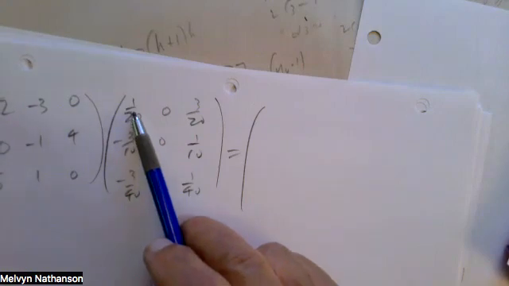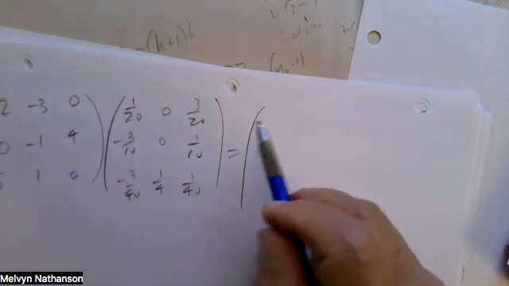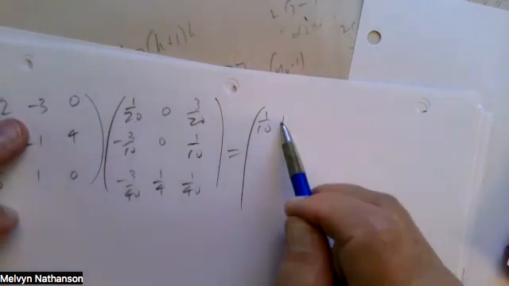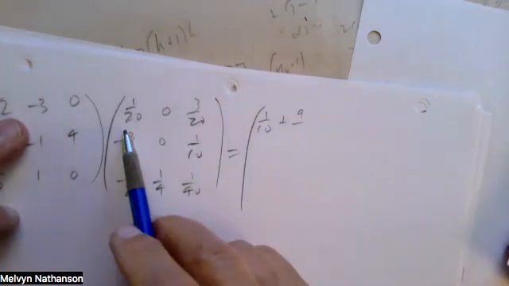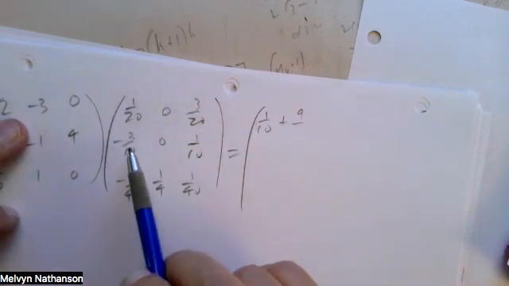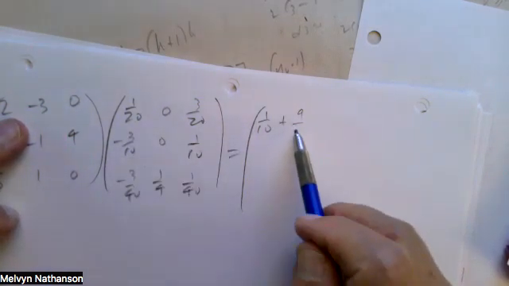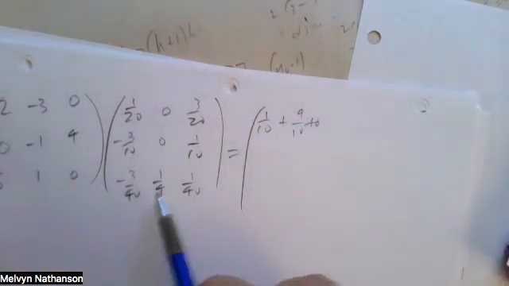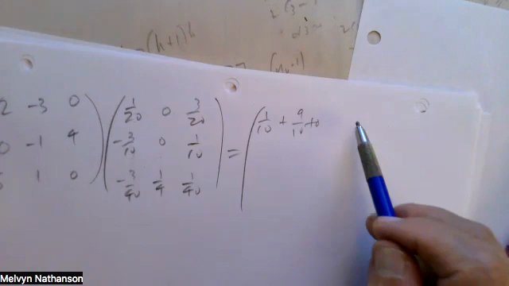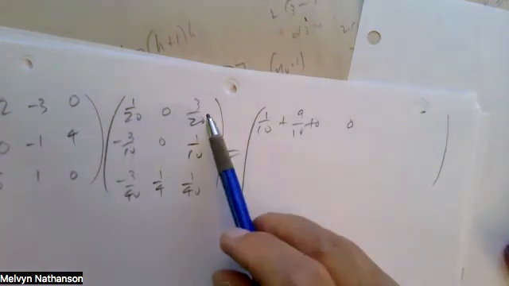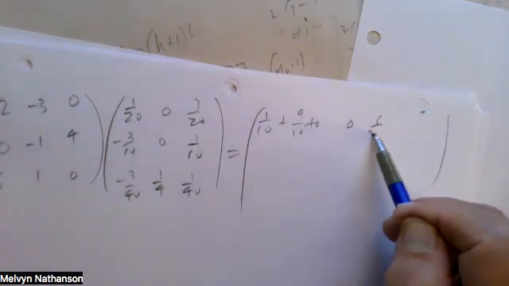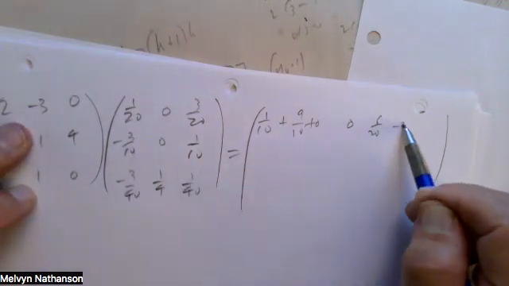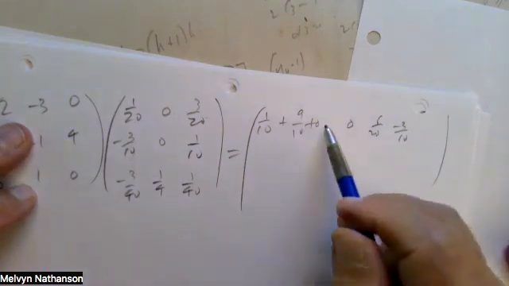I get 2 times 1/20, minus 3 times minus 3 is plus 9. So 2/20 is 1/10. Minus 3 times minus 3 is 9/10, plus 0. Second coordinate, I get 0, 0, 0. That's easy. The third coordinate, I get 6/20 minus 3/10, plus 0.